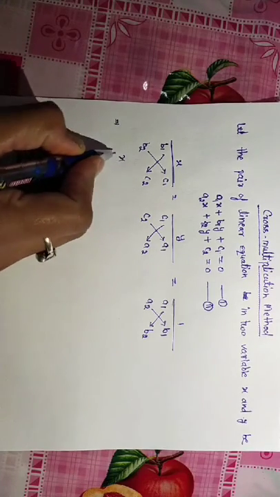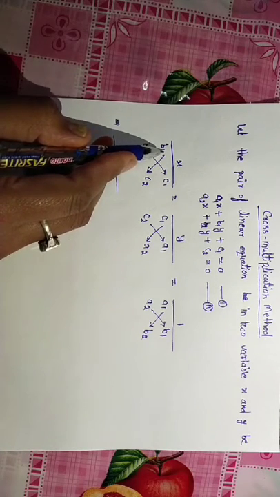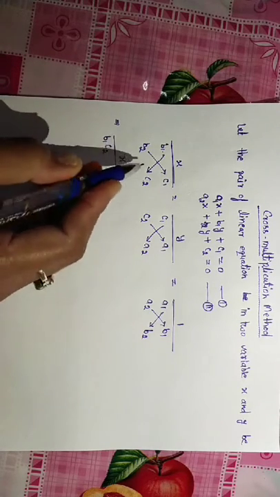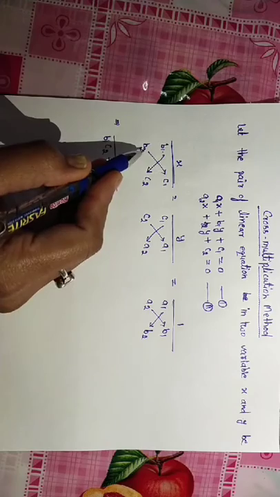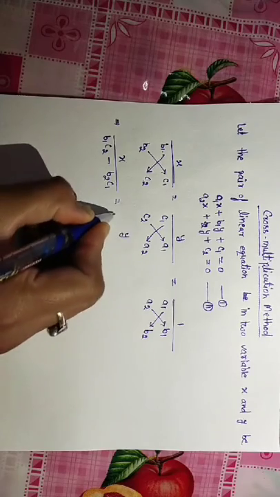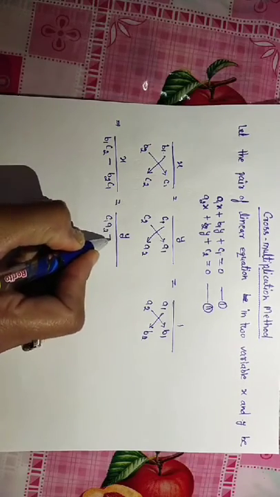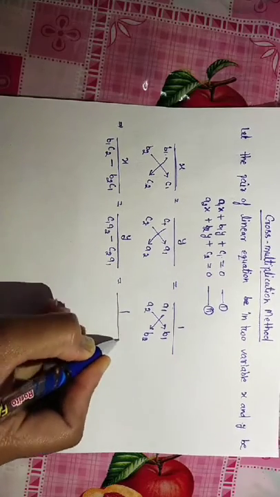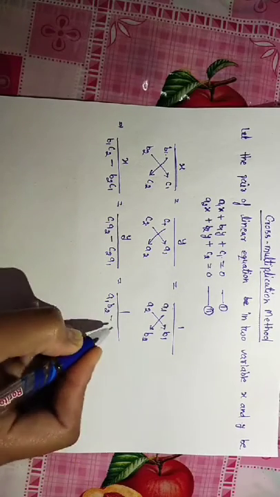Now we write x upon, we multiply b1 c2, we get b1 c2, and minus second arrow b2 c1, equal to y upon c1 a2 minus c2 a1, equal to 1 upon a1 b2 minus a2 b1.